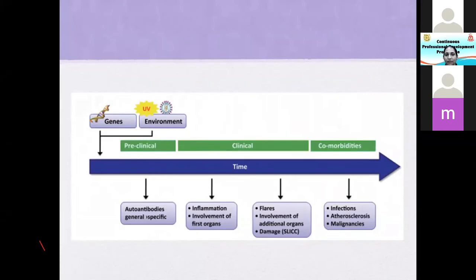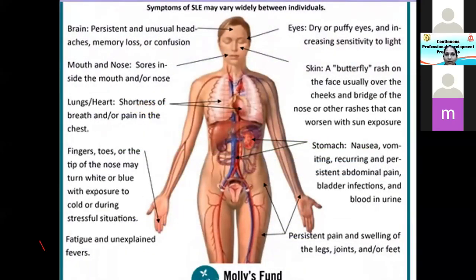With time, there'll be inflammation, involvement of the first organs, and then it will progress onto flares, and more damage will accumulate. Comorbidities with infection, atherosclerosis, the cardiovascular risk will be more with the progression of the disease. Now, this is a brief overview we will be discussing.